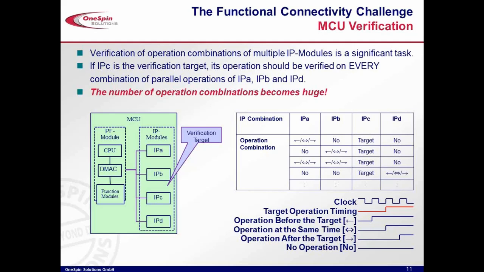Or, if you want to get good coverage, you need to write a lot of different scenarios that control each and every IP in the test. And you can already start thinking it's not easy.